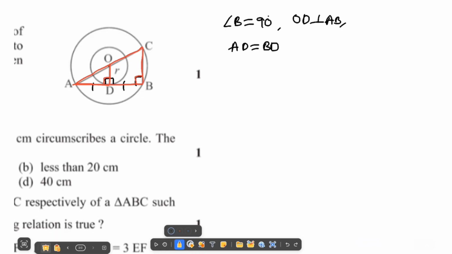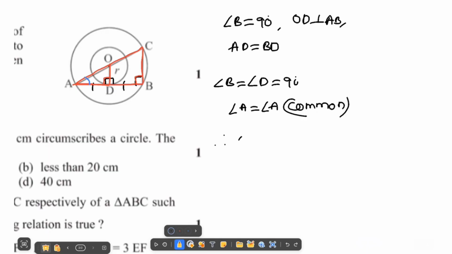Next, angle A is common in both triangles. Angle A equals angle A. Therefore, by angle similarity, both triangles are similar.